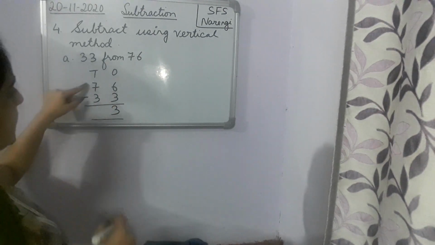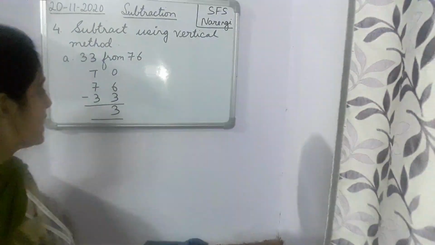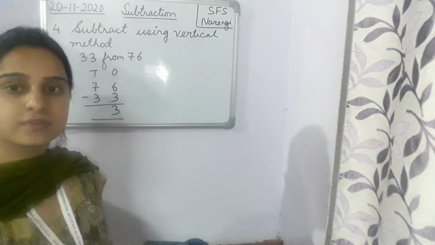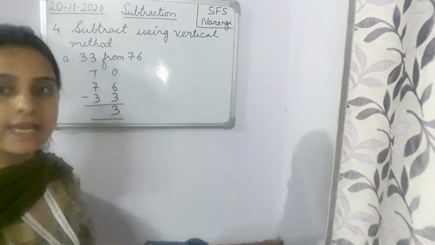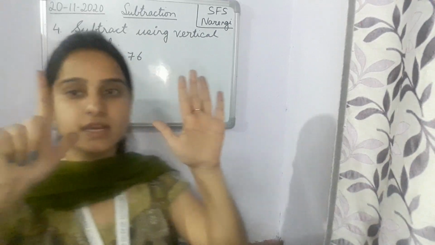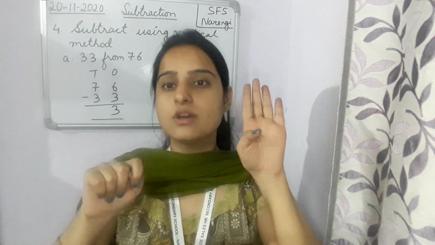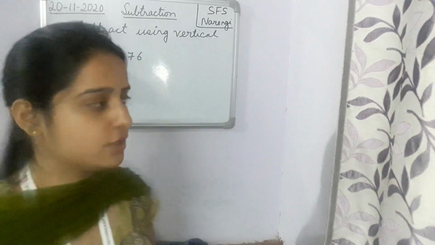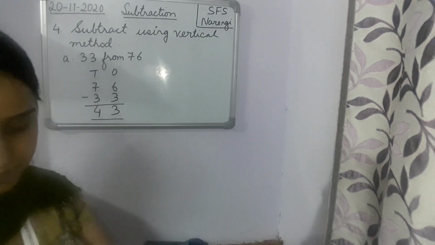Okay? Then in tens place, 7 minus 3. So 7 minus 3 is what, children? Open 7 fingers, then close 3 fingers, you will get what? 4. Yes, very good. The answer is 4.